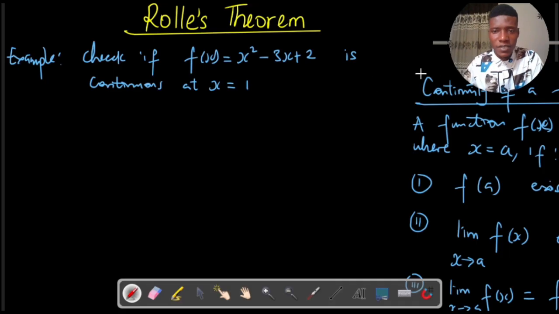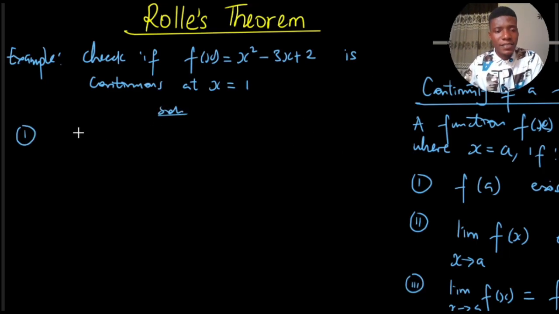Let's check if this is continuous at x equals 1. What are the three conditions that must be satisfied? Number 1, you need to check if f of 1 exists. Yes, f of 1 exists, and the value is 0.